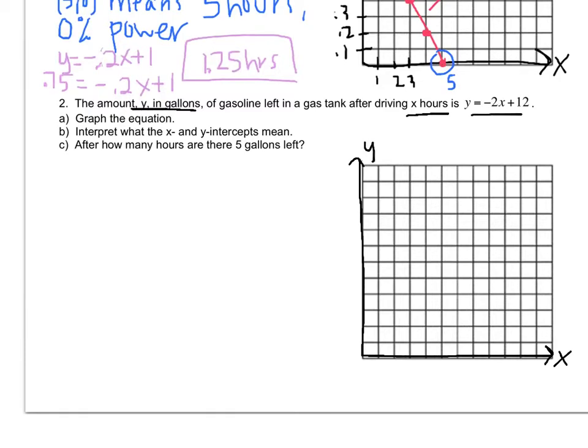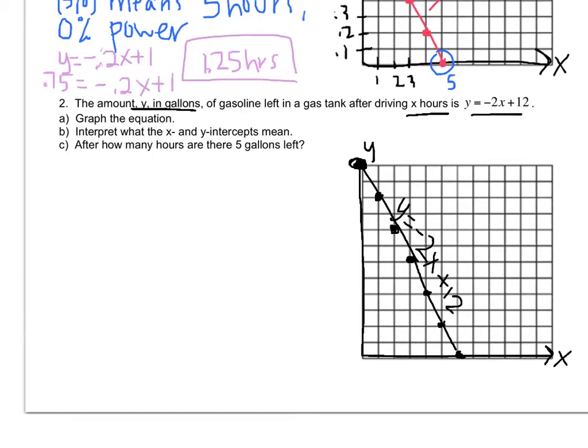I'll graph the point 0, 12. Oh, that's right at the top. And now I'll go down 2 and 1 to the right. The more points you have, the more accurate your line is. y equals negative 2x plus 12.